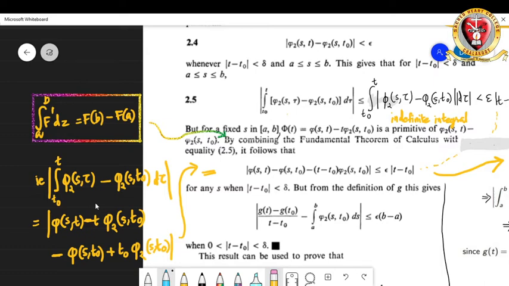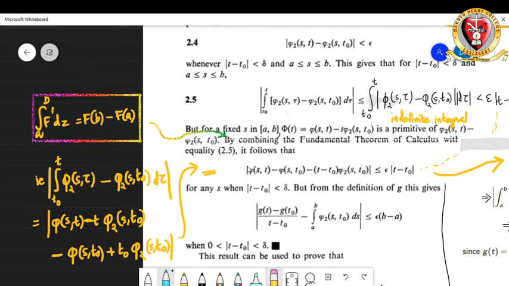That will be less than or equal to epsilon, modulus of t minus t naught, right? Because we had proved that modulus of integral from t naught to t, phi 2 of s2 minus phi 2 of st naught d2 is strictly less than epsilon into modulus of t minus t naught.